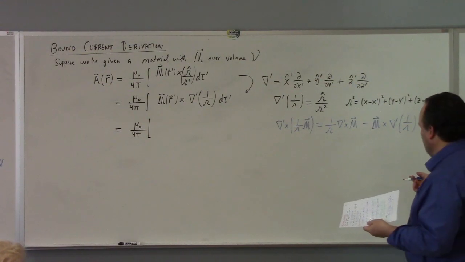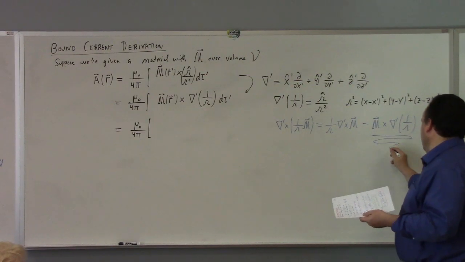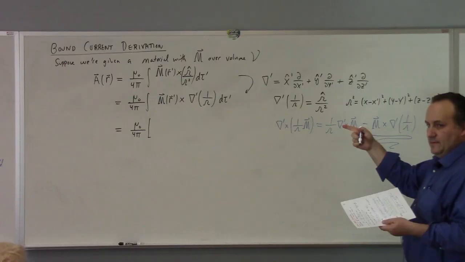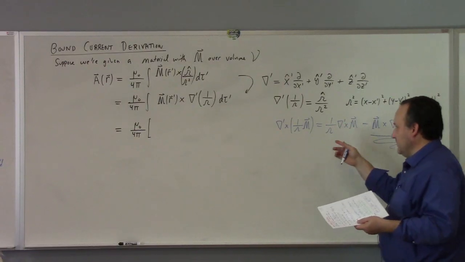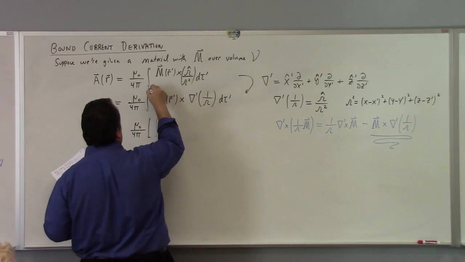And so look at where we're at. We have this to start with, right? So I can trade this for the integral. These are all integrals over V, right?